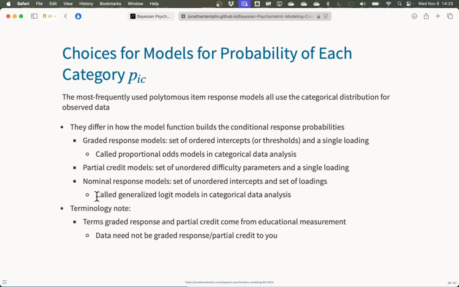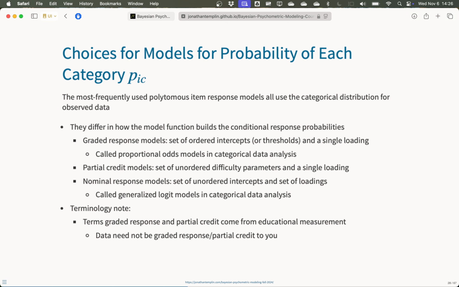Now, the note I really want to make about terminology is that the terms graded response model and partial credit model come from educational measurement. The data that you have don't necessarily have to be item responses on a cognitive test where partial credit or graded response might be given. We just need data where ordinal categories exist. And that's our data, right? We have a Likert scale. The first option is strongly disagree.